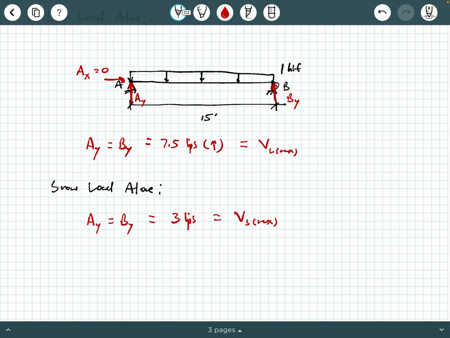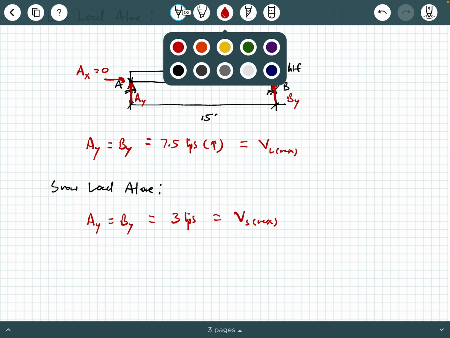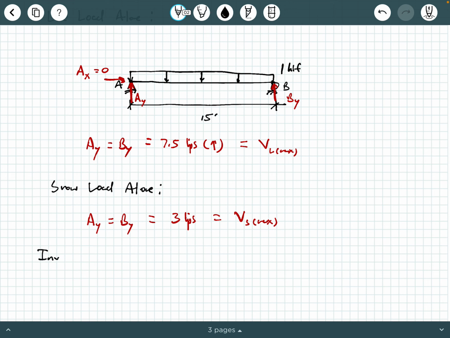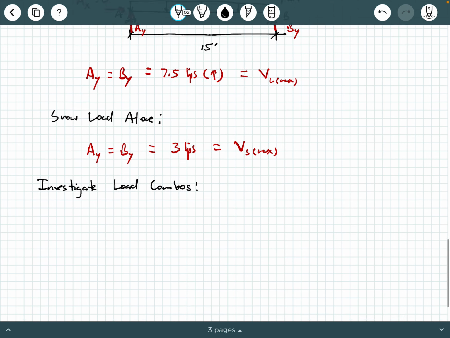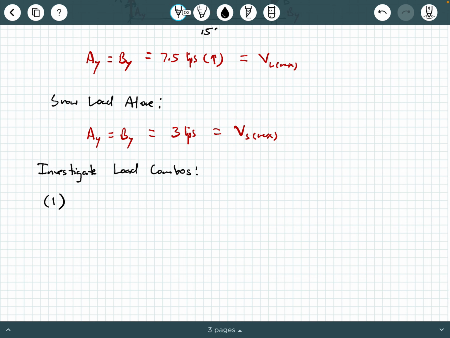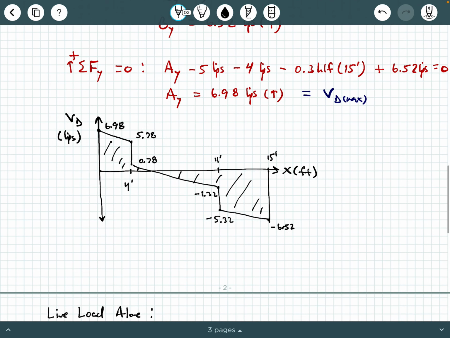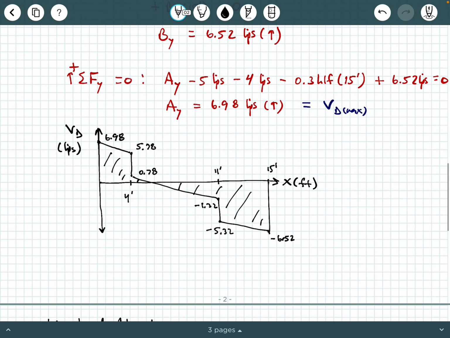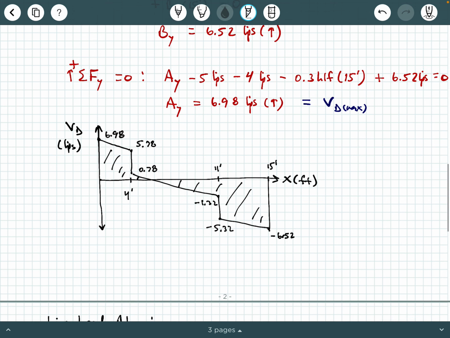So now we're ready to investigate our applicable load combinations, all right? So we're going to say investigate load combos, okay? And so load combo number 1, all right? We're going to say V_u equals 1.4 V dead max, and this is where we go back to our dead load analysis from earlier, and we get our V dead max is 6.98 kips.